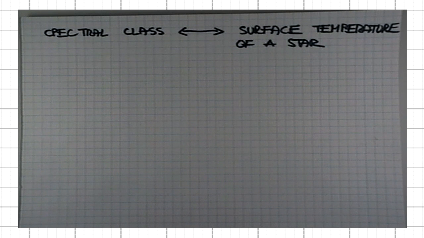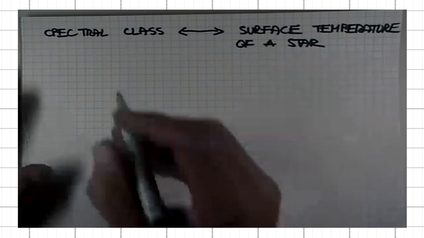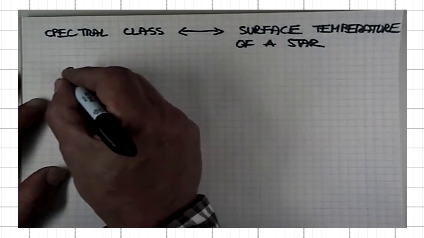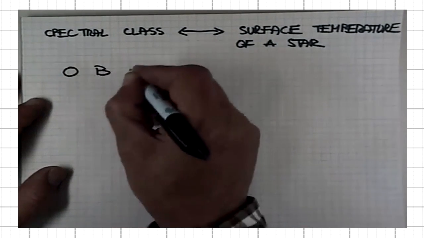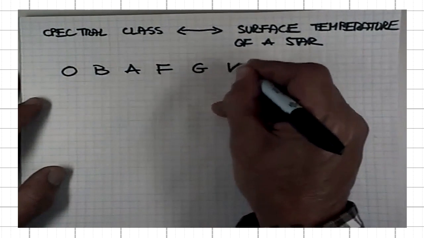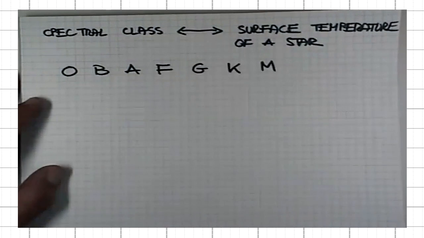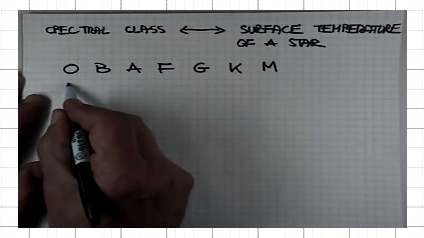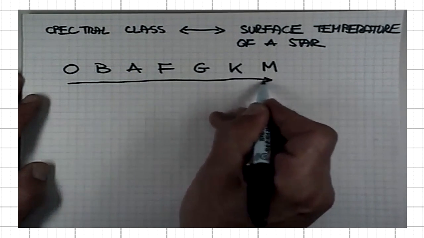You can hear astronomers talk about some star being of spectral class M. What they're really talking about is the surface temperature of the star. So, they are O, B, a fine girl and kiss me, right? And the temperature drops in this direction.